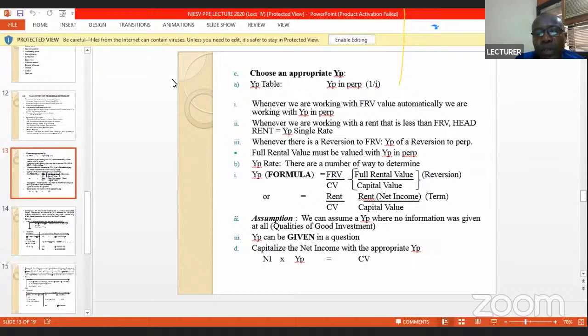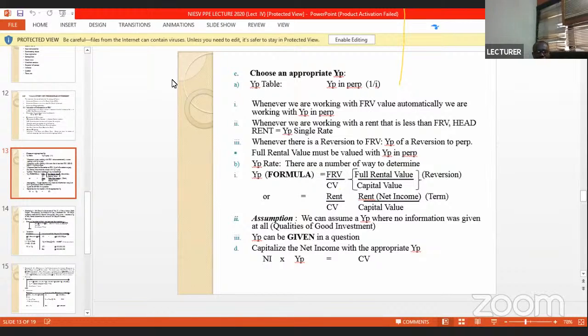So if you are assuming, then valuers say that the best thing to do is to look at the qualities of a good investment. How good is that investment? When you look at the qualities of a good investment, there are a number of things you must take into consideration. Number 1, security of income. Is the income secured?